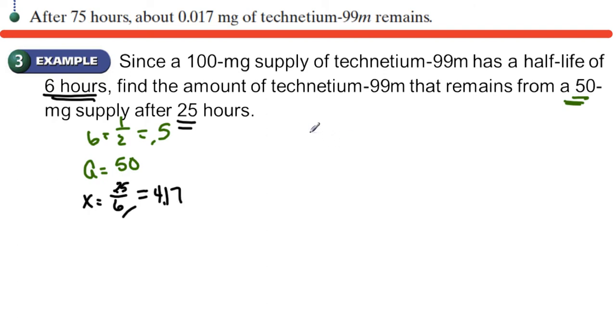Writing the equation, we have y equals ab to the x. So that's going to be 50 times 0.5 raised to the 4.17. There is no way I can do that in my head.